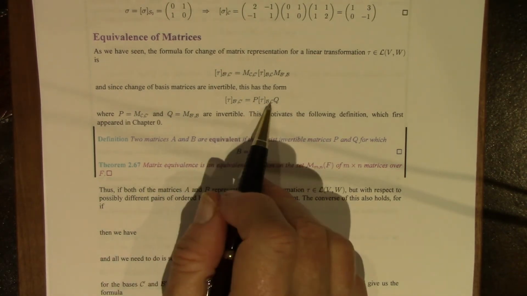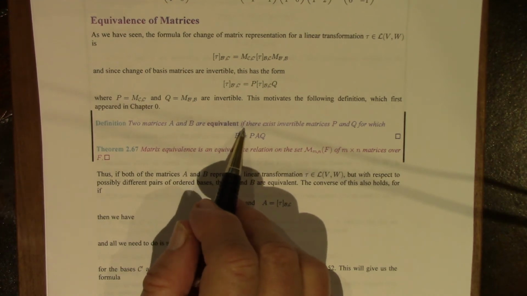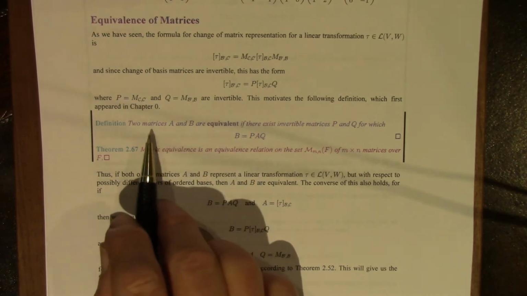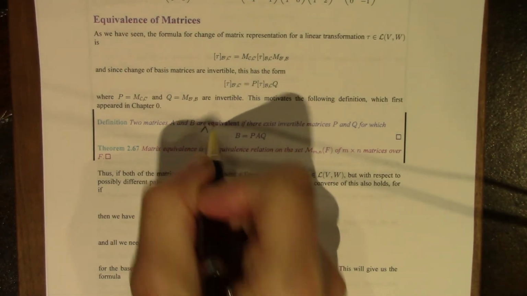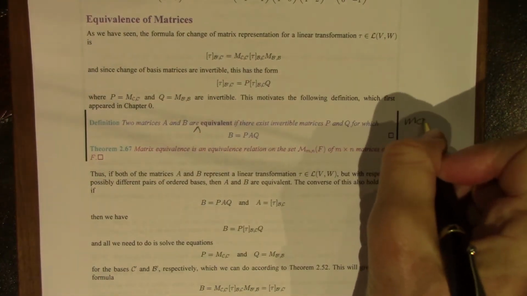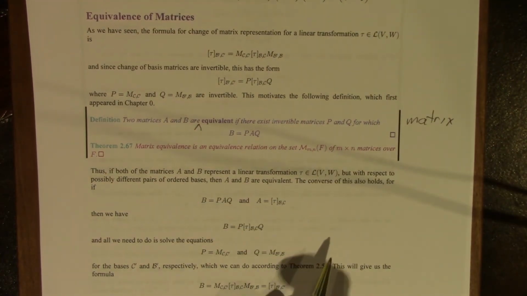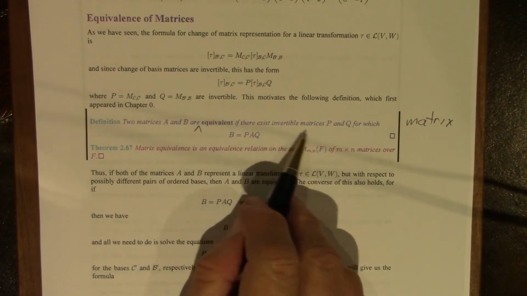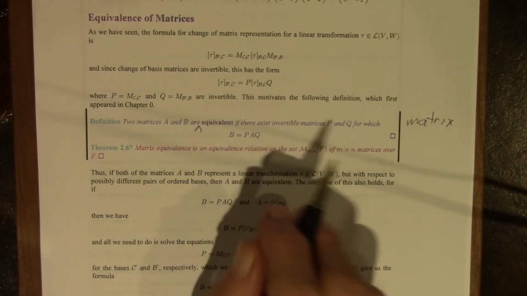And this equation motivates this definition that we first encountered in chapter 0. Two matrices A and B are, and I'm going to change this to matrix equivalent, so we're more specific, if there exist invertible matrices P and Q for which B equals PAQ.